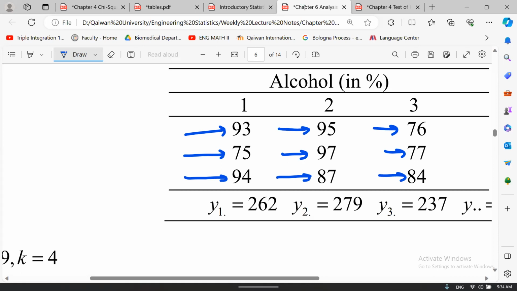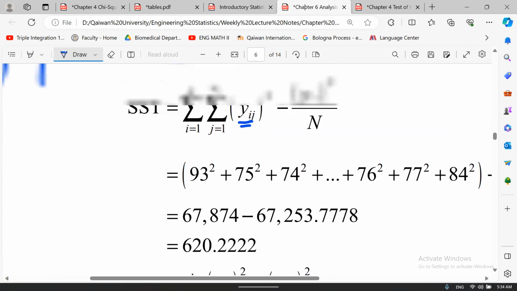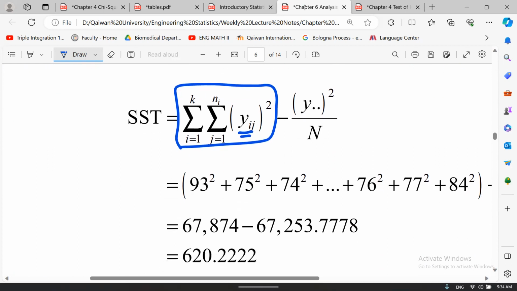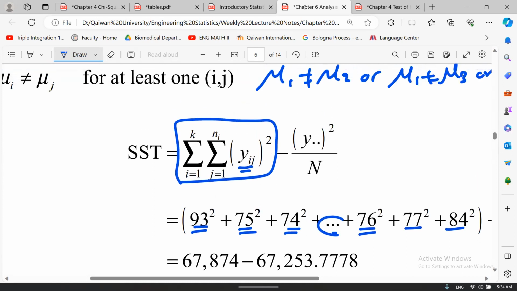What's the double sum of y double dot squared? We get this one. This one is the square of all elements and the sum of them. Here the dots mean the same for the others. Now, minus y double dot squared over n.